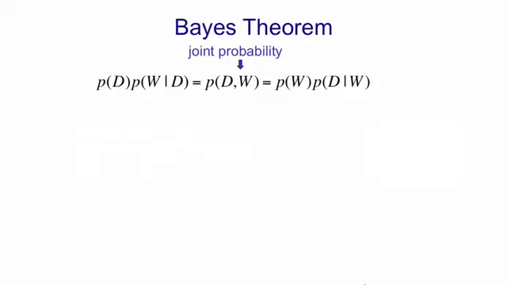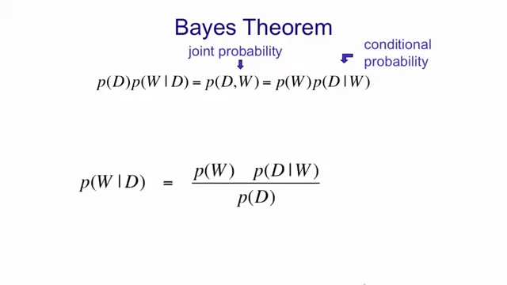That's what we observe. That joint probability can be rewritten as the product of an individual probability and a conditional probability. So on the right we've written it as P of W times P of D given W. And on the left I've written it as P of D times P of W given D. Now we can divide both sides by P of D. And that gives us Bayes' theorem in its usual form.